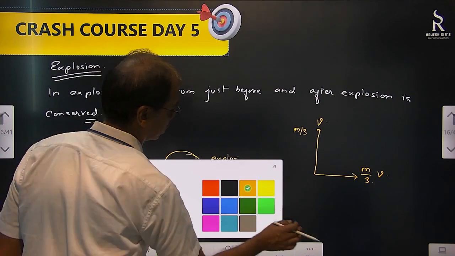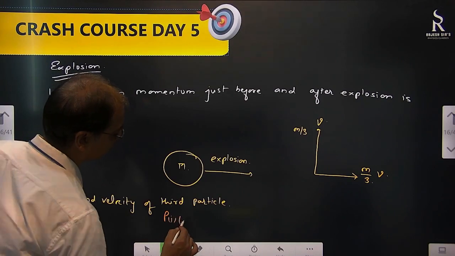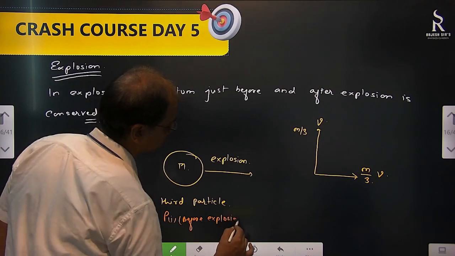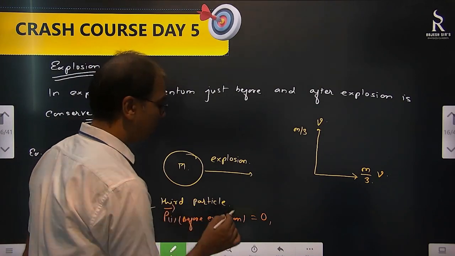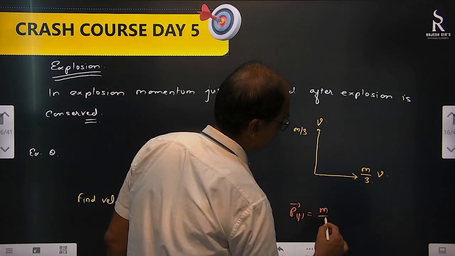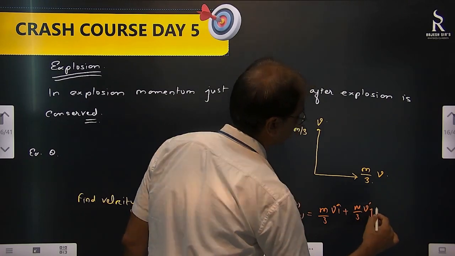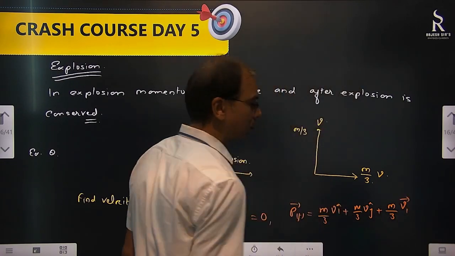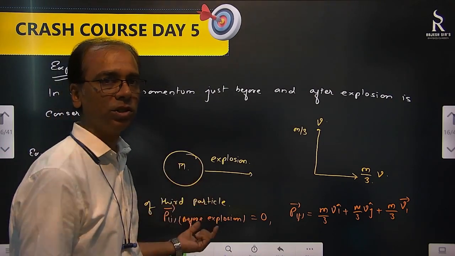Before the explosion, what is the momentum? 0. That is the initial momentum before the explosion. After the explosion, there are 3 particles. So we say m by 3 v i cap plus m by 3 v j cap, and for the third one we have no idea, let's say v1. But momentum is conserved, so we equate the initial momentum and final momentum.